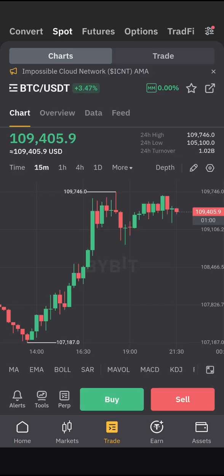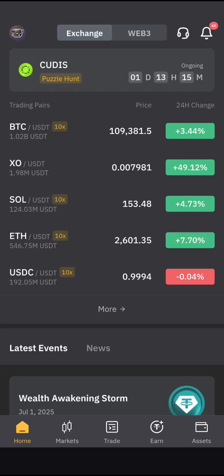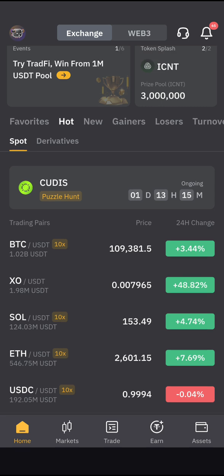And also the father of all, BTC. You can see what the BTC is doing. It's doing well as well. So it means that this strategy of fire burning is actually working.